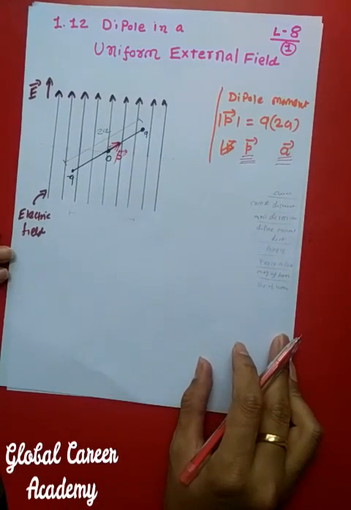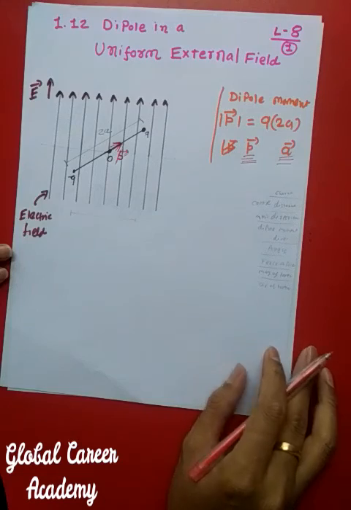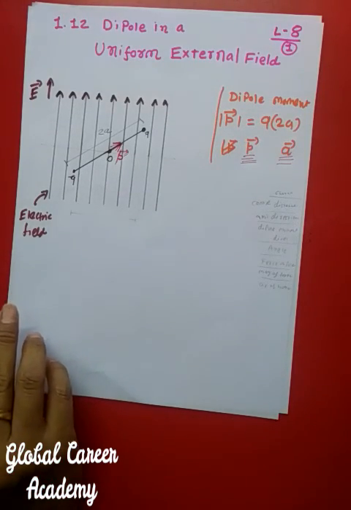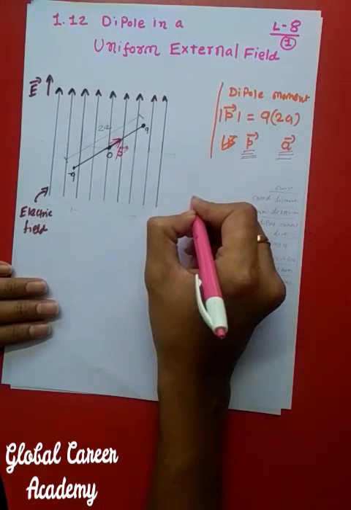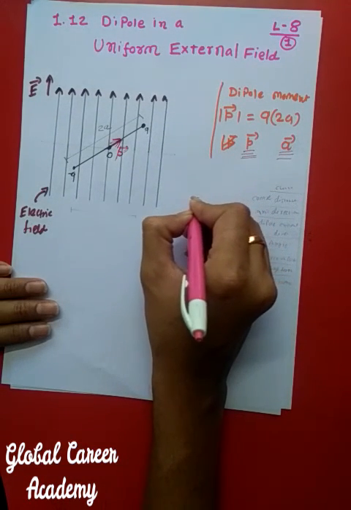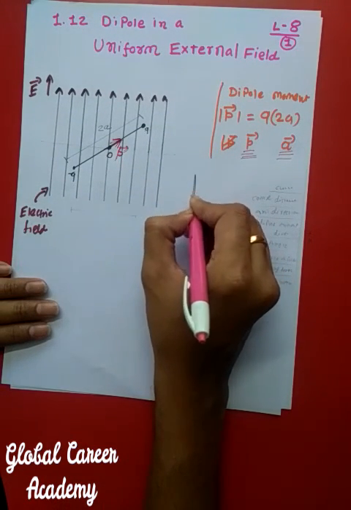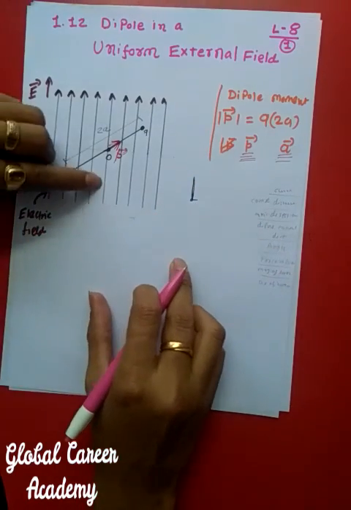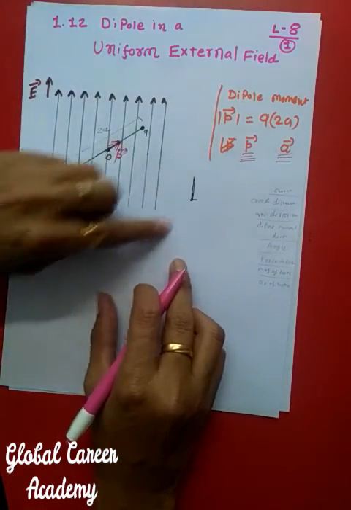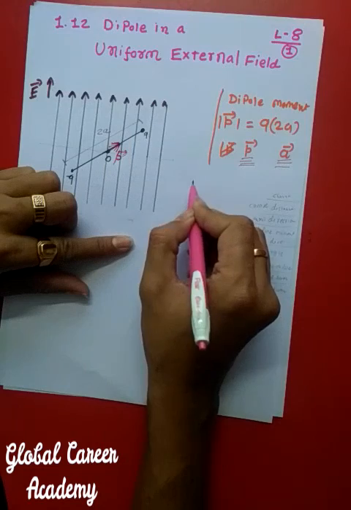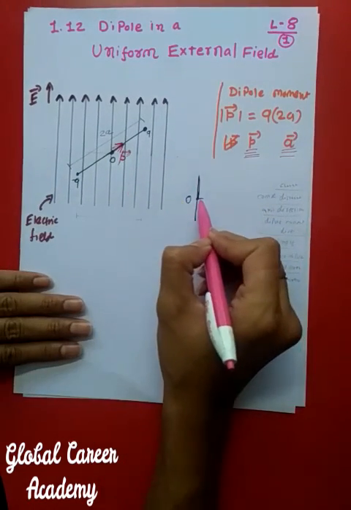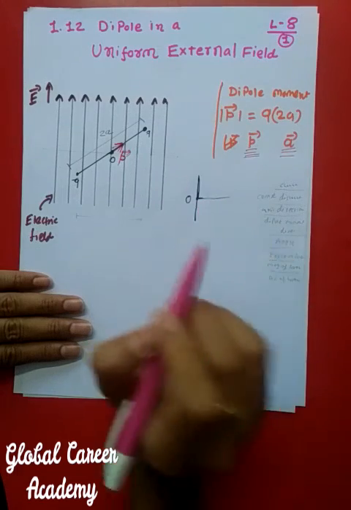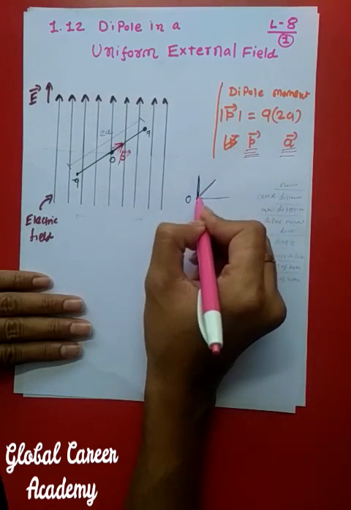Now let us discuss the angle. If I redraw point O over here, let us say this is the line which is passing through point O. This is a vertical line. This is point O, and after this there is a horizontal line, and over here the dipole is there.